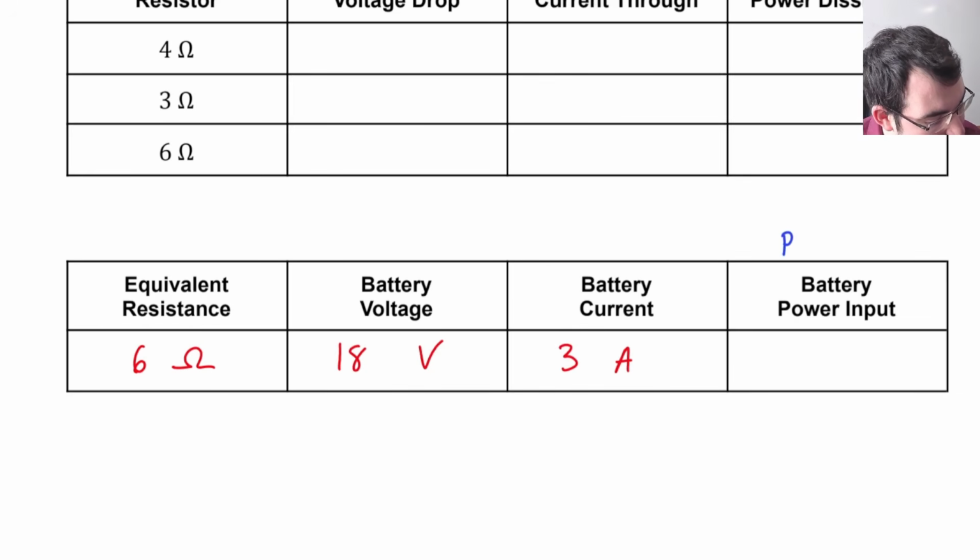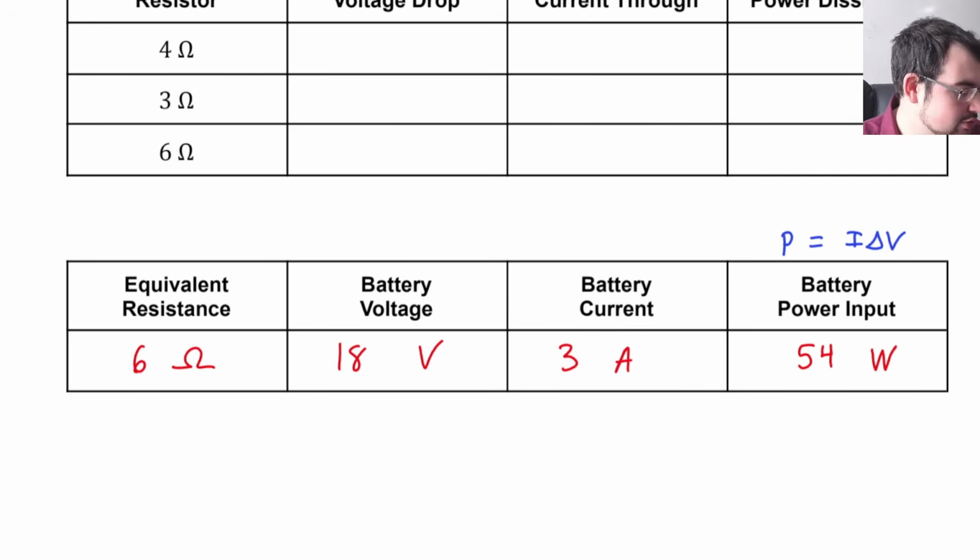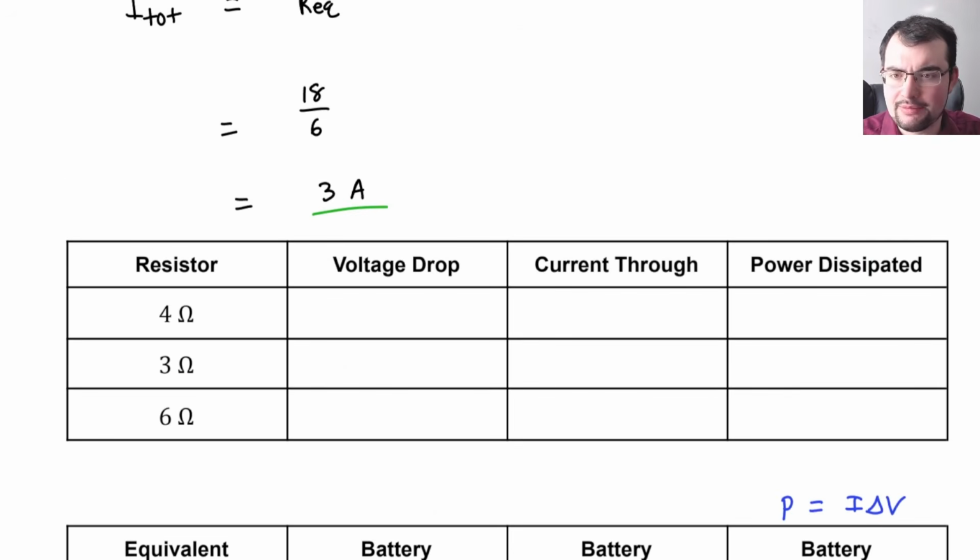And power is equal to I delta V. And we know I and delta V, so we can just multiply. So we get 18 times 3, which is, let's see, 24 and 30, so 54. And that's in watts, because it's joules per second, which is a rate of energy.